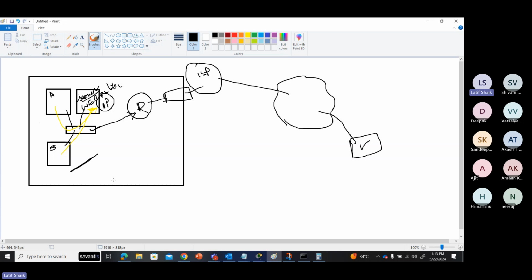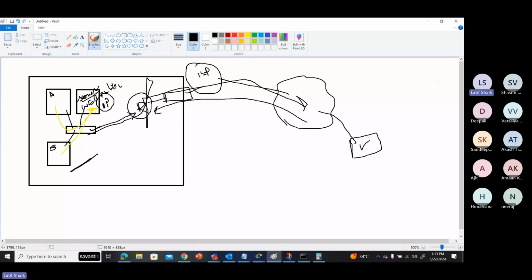We just need some private IP addresses. But when you want to communicate outside of your network, or you want to be communicated with, we need a public IP address. Without a public IP address, you cannot communicate on the internet.